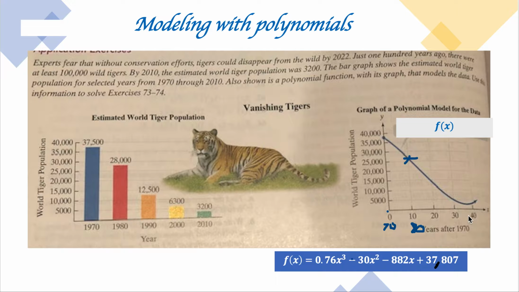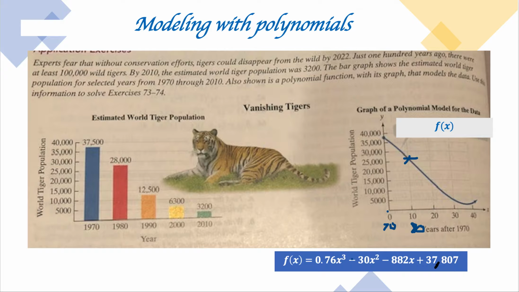So 0 is 1970, 10 is 1980, 20 is 1990, 30 is 2000, and 40 is 2010. And it can continue further.